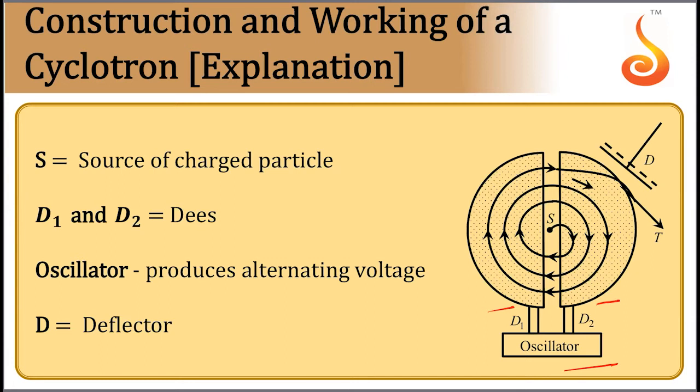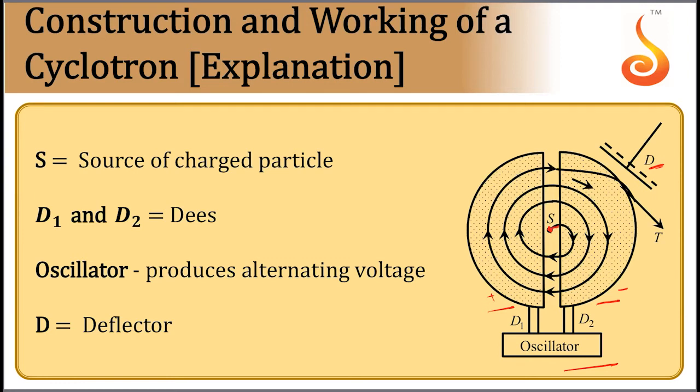There will be a deflector plate here. Whenever a charged particle is kept here and this oscillator is turned on, let us say D1 is positively charged and D2 is negatively charged, then what happens? If it is a positively charged particle, it gets repelled from D1 and attracted towards D2, so it enters into this.